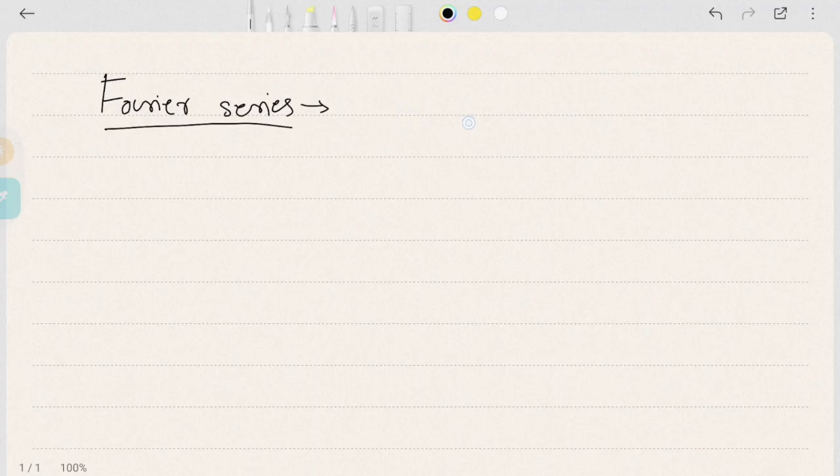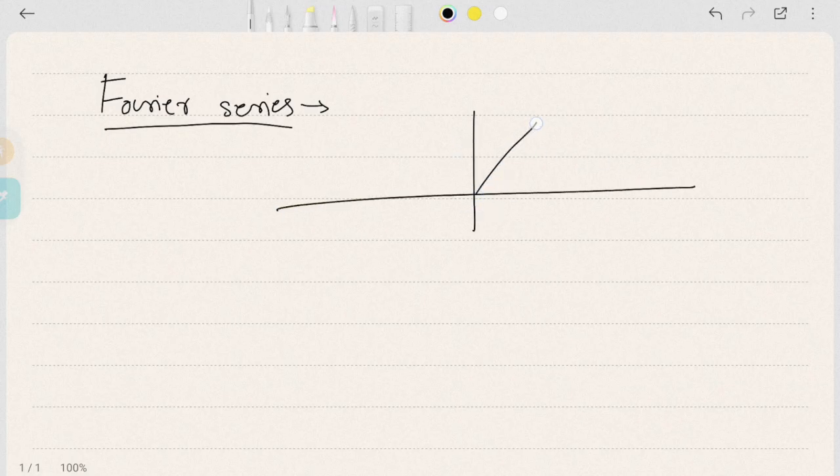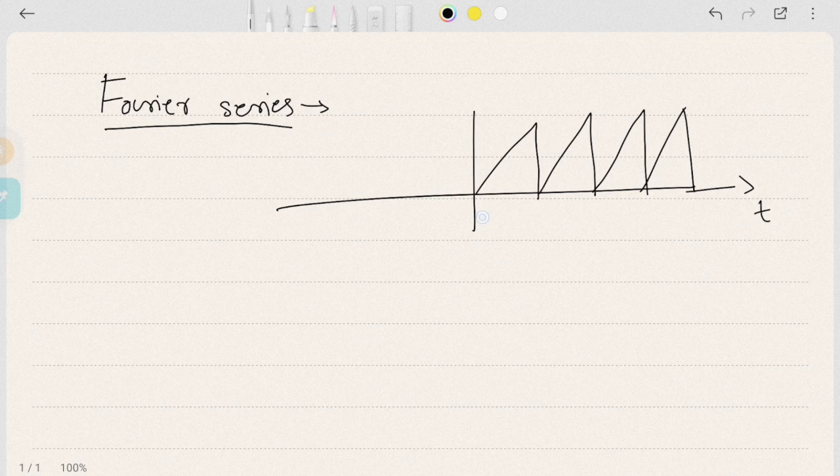For which function? Periodic function. Let's say function f(x) is like this, and then again like this. So it is repeating itself in an interval of, let's say this is the time axis, so this is its period.